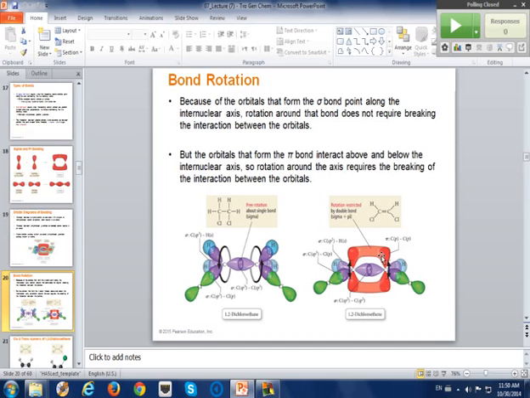And so that pi bond in the dichloroethylene molecule would restrict rotation about this carbon-carbon bond, right? Because the rotation would break that pi bond. And so it would take energy in order to break that pi bond.